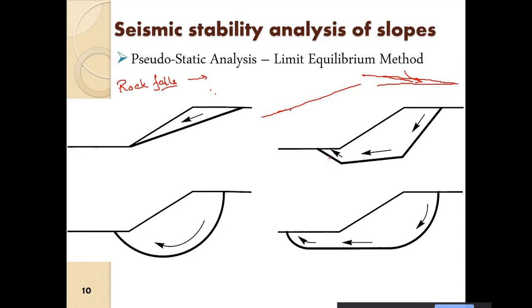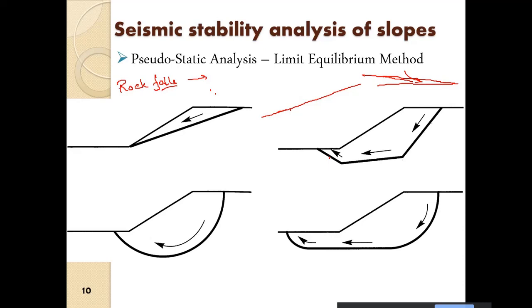As I have told, the analysis of slope stability was developed mainly to analyze embankment slopes, and then it got utilized in analyzing slope failures in natural slopes.